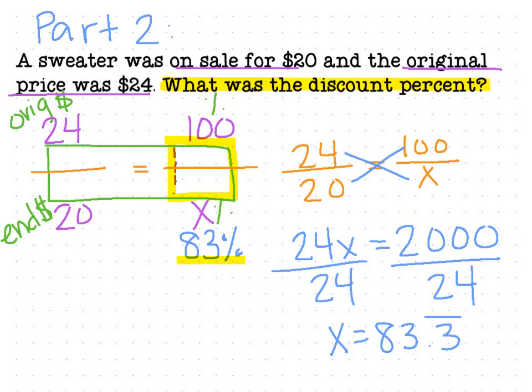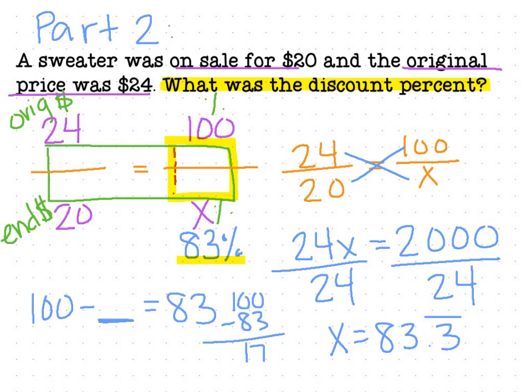So we need to figure out 100 minus some number needs to equal 83. Well, we can simply flip that. 100 minus 83 is 17. So our discount percent would be 17%. And that is our answer. 83 is not our answer. Our answer is 17%.